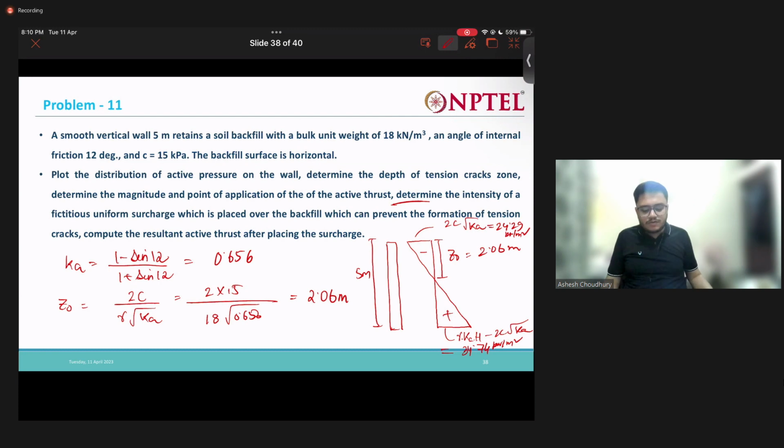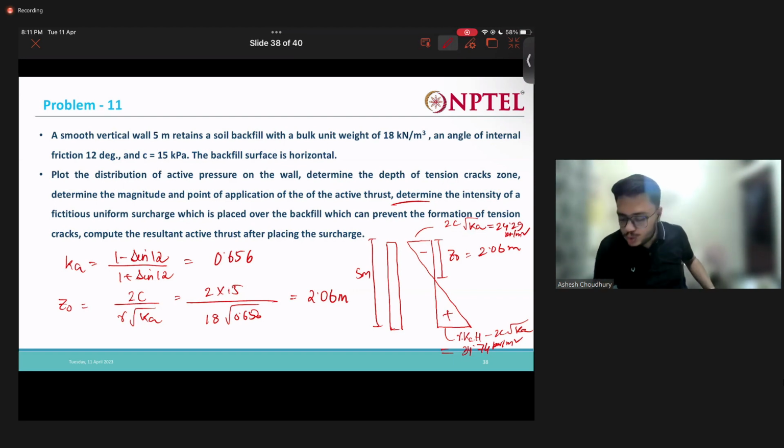Determine the intensity of a fictitious uniform surcharge which is placed over the backfill, which can prevent the formation of tension crack. What fictitious surcharge do you have to place over that, so that this negative portion doesn't come?